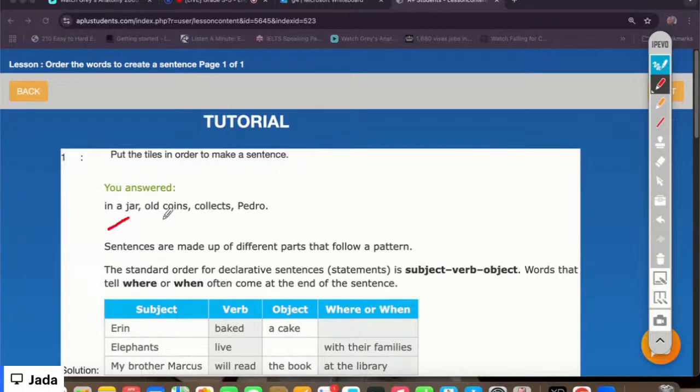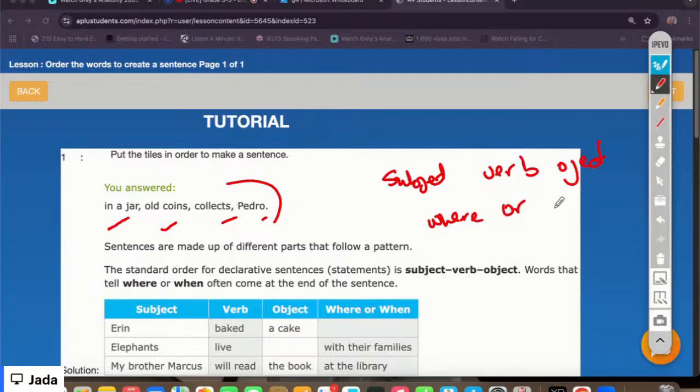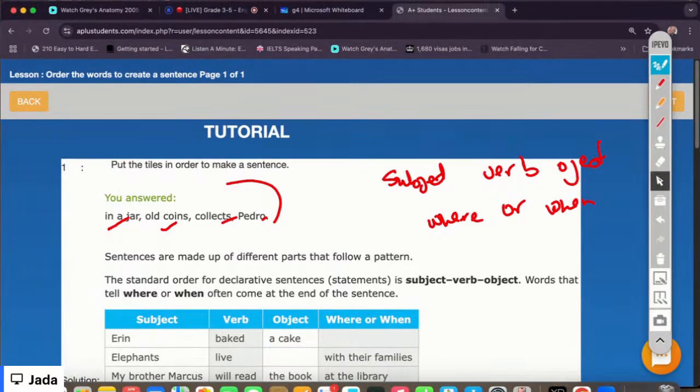So we have "in a jar, old coins collect Pedro." Basically, you have to fix this sentence in the right order using the subject, verb, object pattern, and then add the where or when if you have that in the sentence. Okay, so we have words here.